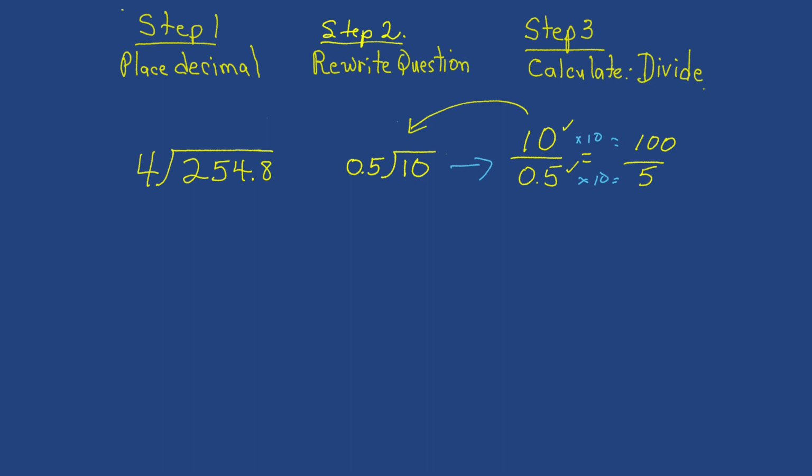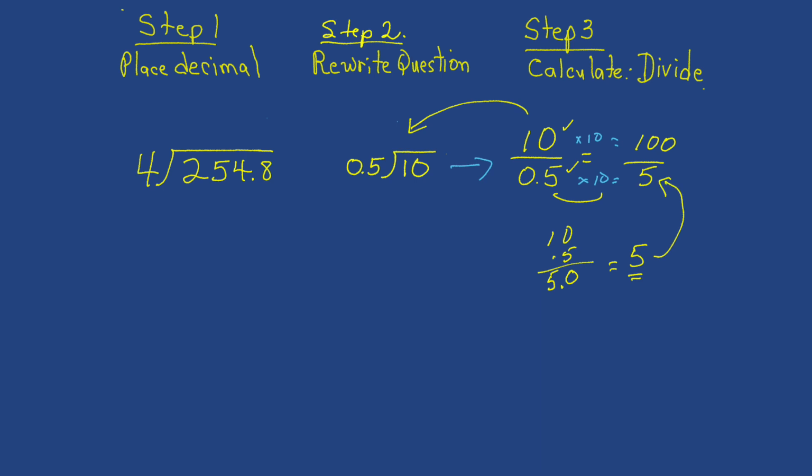And just a quick explanation here. I'll just show you that in case you're wondering. So if we went 0.5 times 10, 5 times 0 is 0, 5 times 1 is 5. And we have one decimal point. So therefore we move it right there. And that becomes 5.